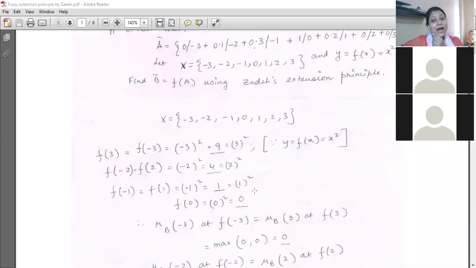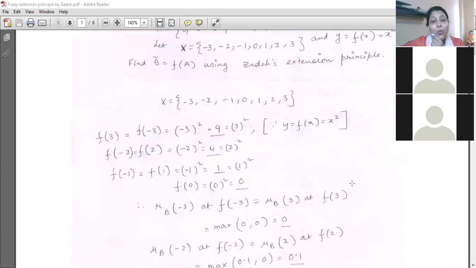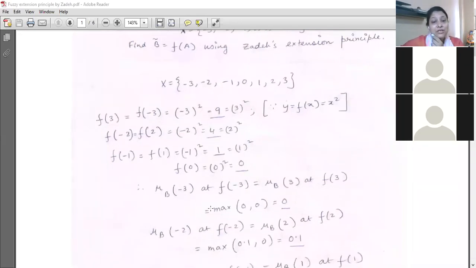Fine. Now, what about the membership values? That means degree of membership. Why? Because if you want to create one new fuzzy set, again you need membership values as well as the linguistic variable values. Linguistic variable values you have already found out. Now, what about the membership value?